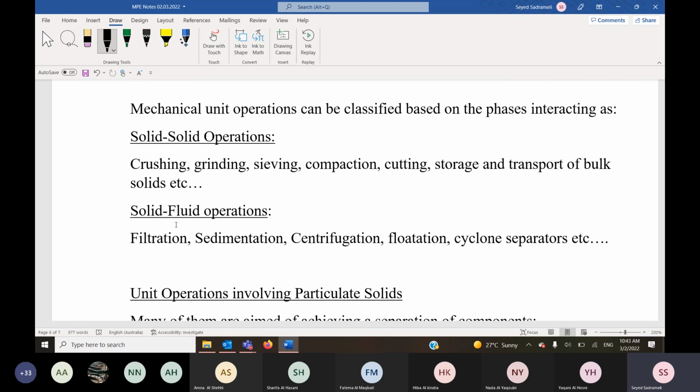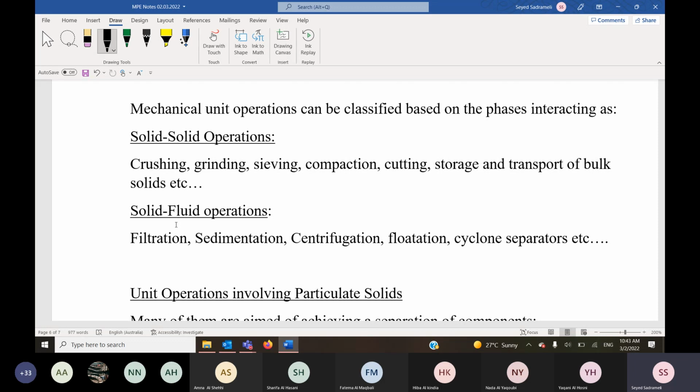Also in sedimentation, some particles are deposited at the end of the sedimentation, so you can separate the top part, which is liquid, from the solid. Centrifugation, you do it by centrifugal force in the special equipment, and you separate solid from the liquid.